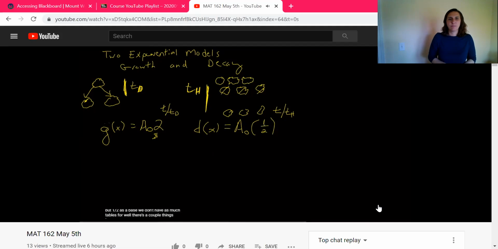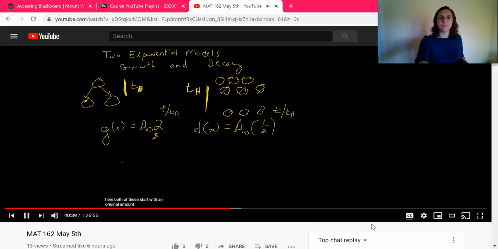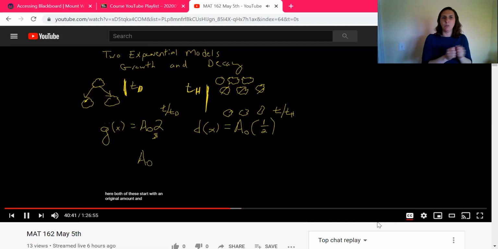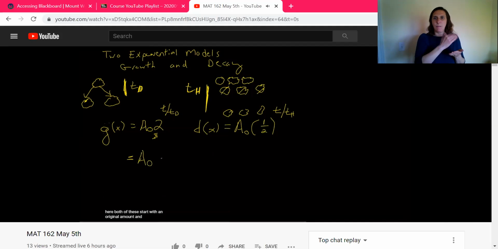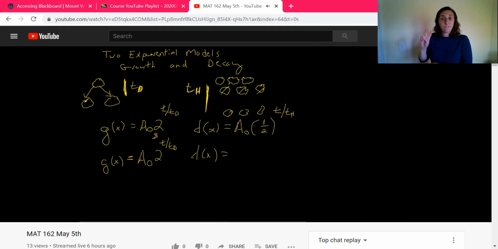Well, there's a couple things I can notice here that might help me. Both of these start with an original amount. And I'll put 2 to the t to the... So growth, and nothing I'm going to change here for growth. If I want to make decay look like growth, wouldn't it be nice if I could turn that into a power of 2?